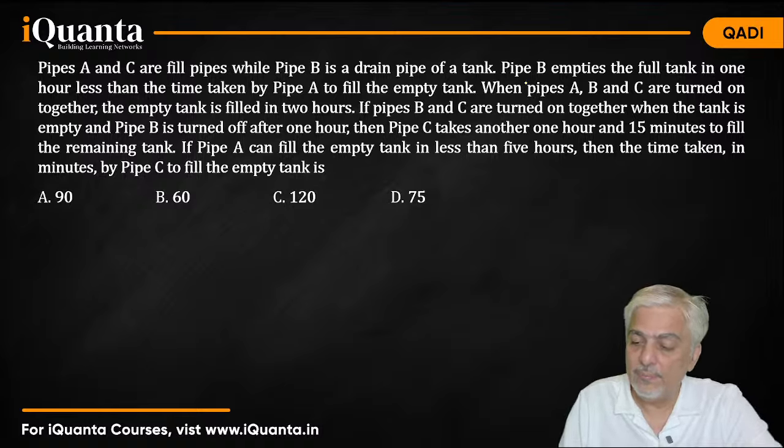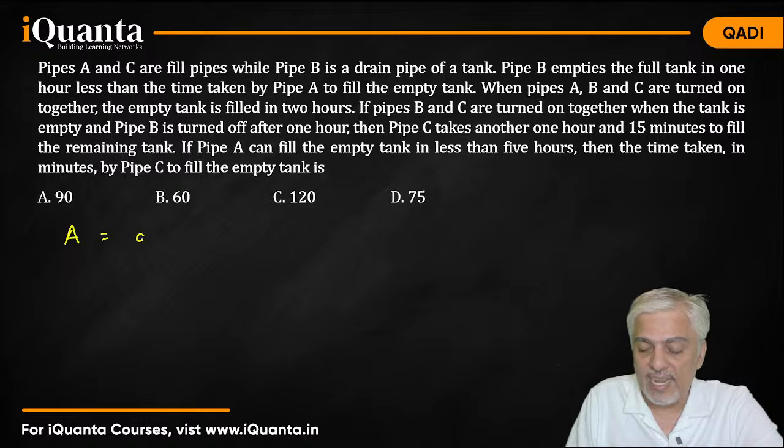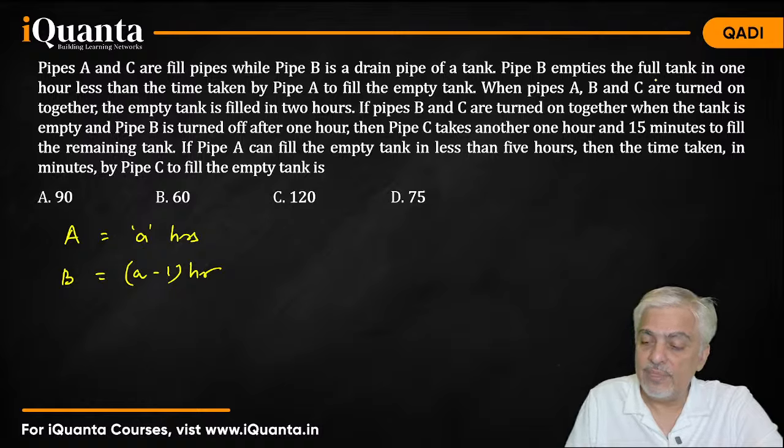What have they said? Pipe B empties the tank in 1 hour less than time taken by pipe A to fill the tank. Suppose A takes A hours. So B takes A minus 1 hour. When pipe A, B, C are turned on together, the empty tank is filled in, and so I will say C fills in C hours.